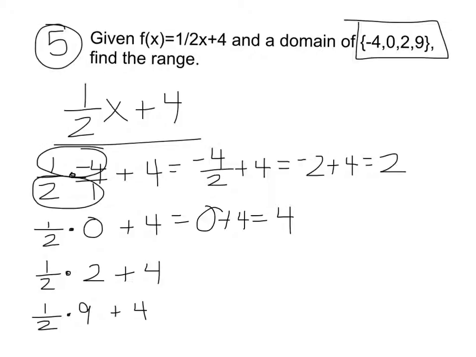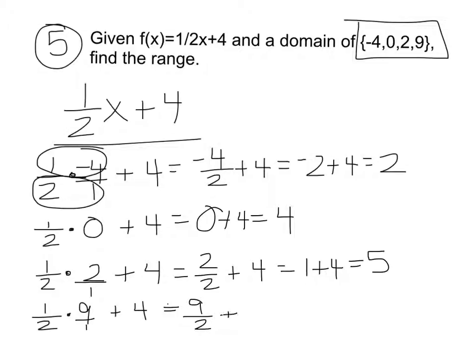Okay, 1/2 times 2, or in other words 2 over 2 plus 4, because this is the same as 2 over 1. Which is just 1 plus 4, so we get 5 for that one. Okay, this one I end up with 9 over 2 plus 4.